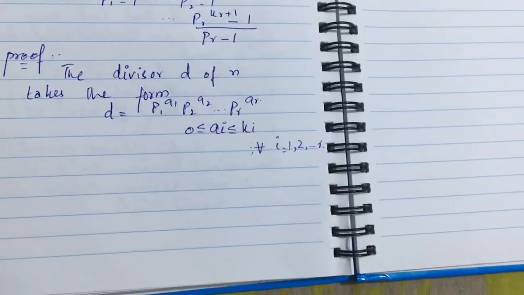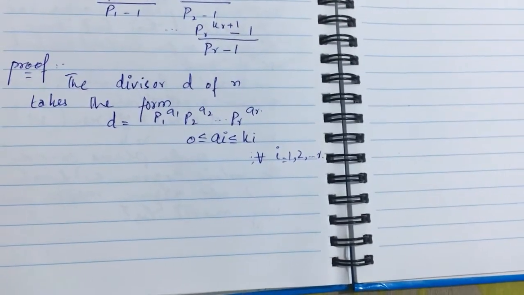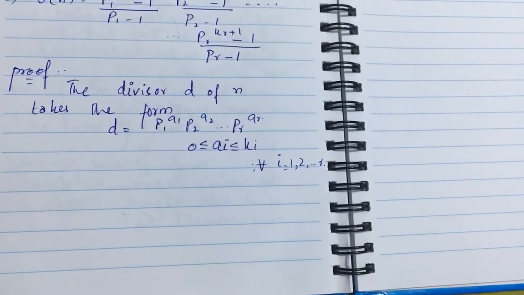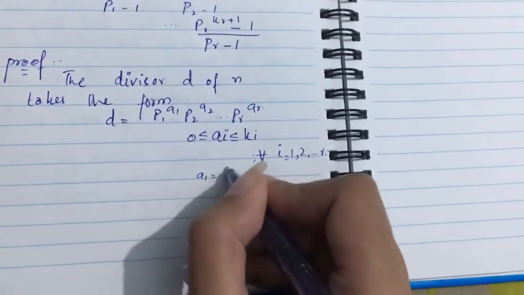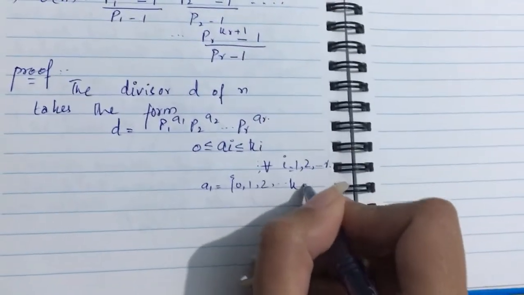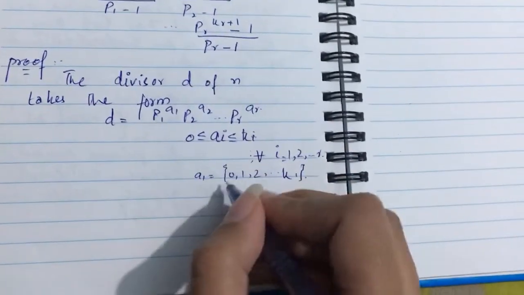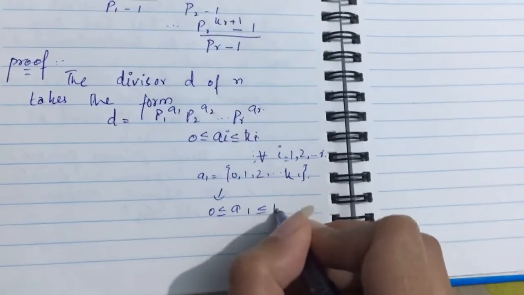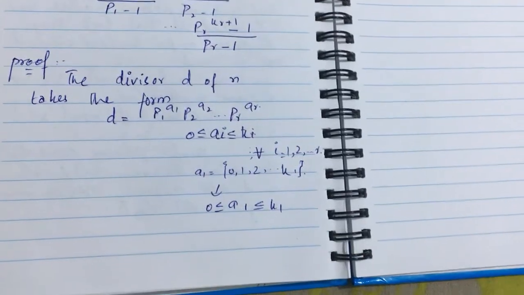That means if we take the values of the ai's, ai is 0, 1, 2 up to so on ki. If I take it for the condition 0 less than or equal to a1 less than or equal to k1, then we have these elements here.